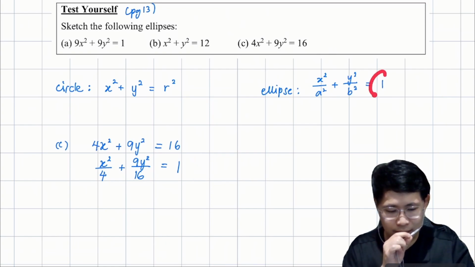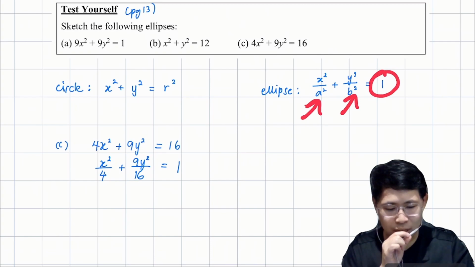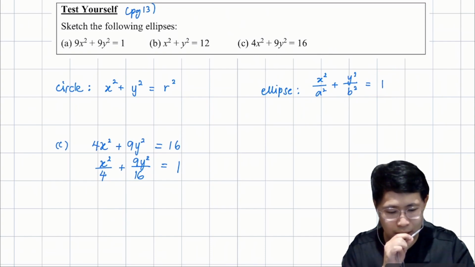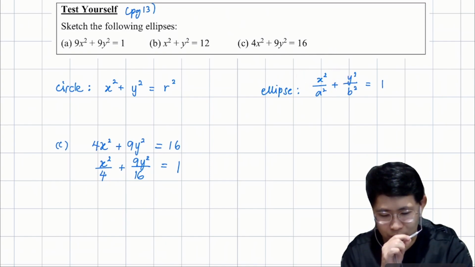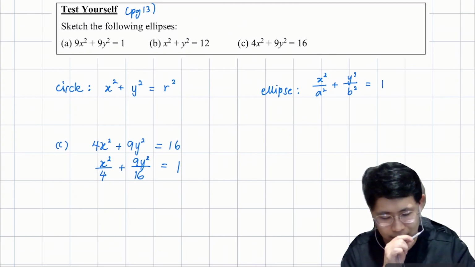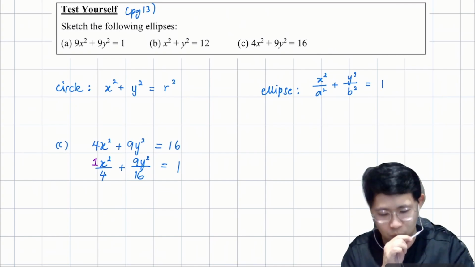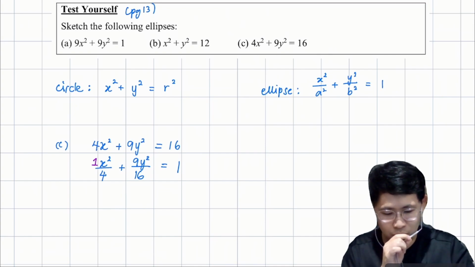Next I will need to make it such that I have a squared and b squared. The numerator coefficient is 1 for the first term, so I'm satisfied. Now I think some of you may miss this: for the second term, the numerator has a 9.